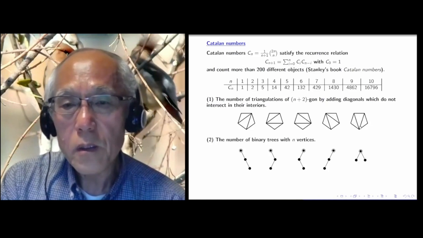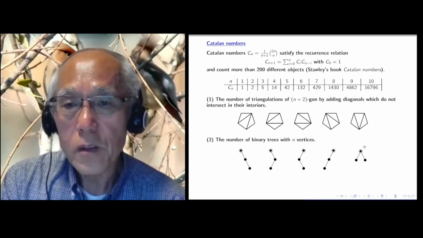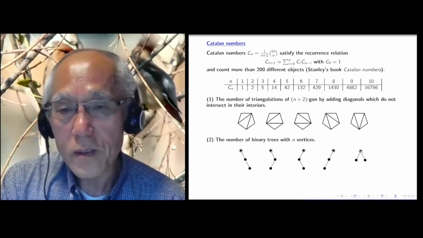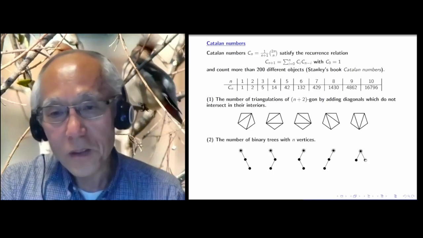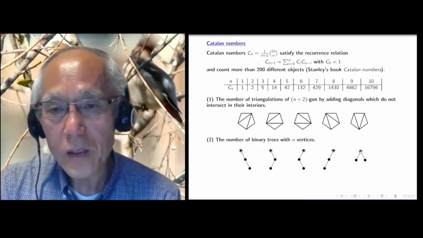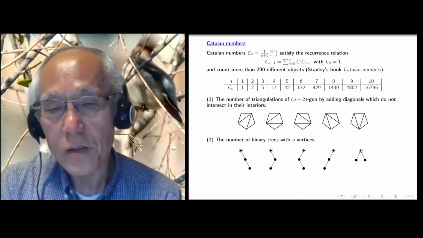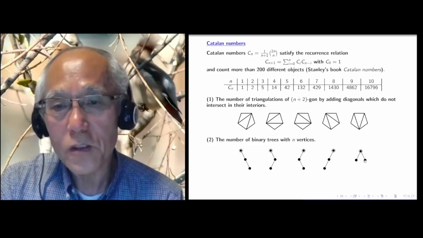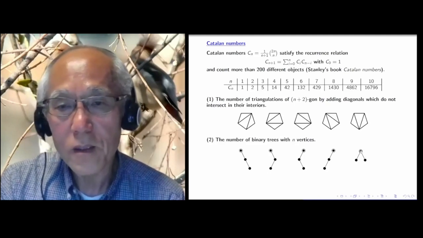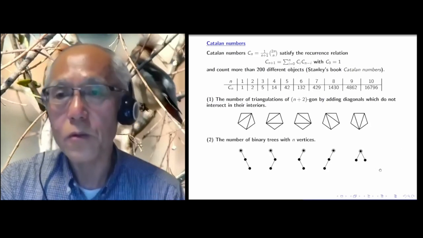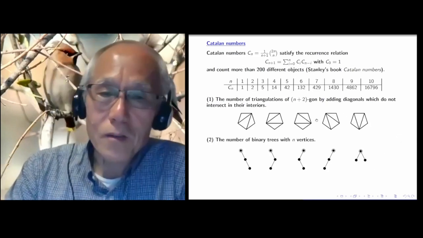Here there are 2 triangles adjacent to this triangle, so I connect the vertices. This vertex corresponds to this one, this vertex corresponds to this one. Since they are adjacent, I connect these 2 vertices, and also these 2 adjacent ones, so I connect these 2. And do the same thing for the others.